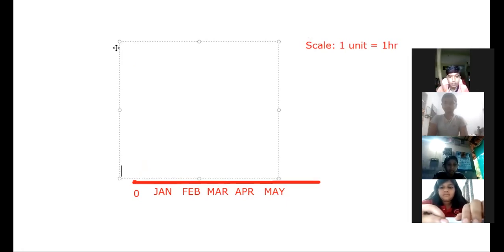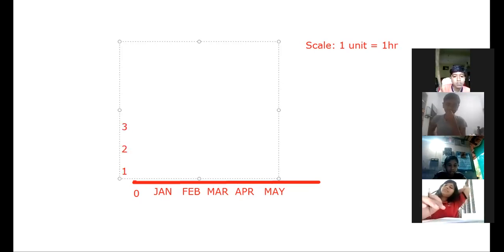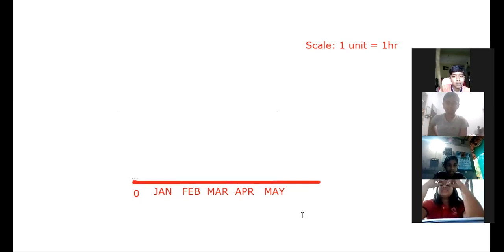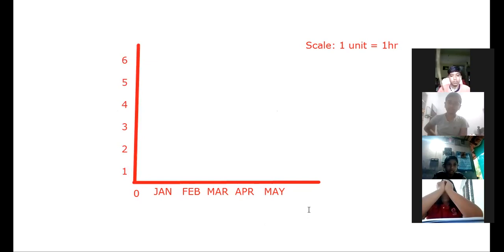That's why we can write 1 here, and 2, 3, 4, 5, 6, and so on. But you can see in your textbook only 2, 4, 6, 8 are represented. 1, 3, 5 are not represented in your textbook. Don't worry. It's only just a representation.